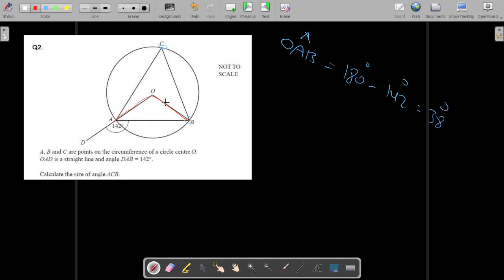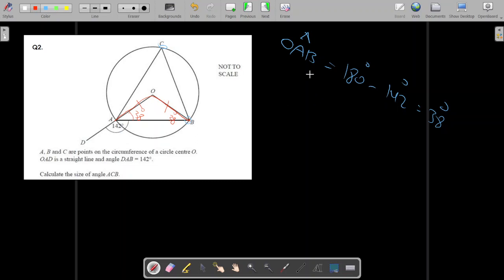It means that these two sides are equal to each other, which means that the triangle OAB is an isosceles triangle. Since this is equal to 38 degrees, this one is also equal to 38 degrees.